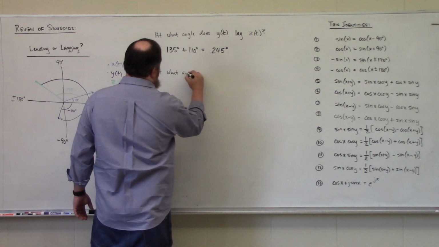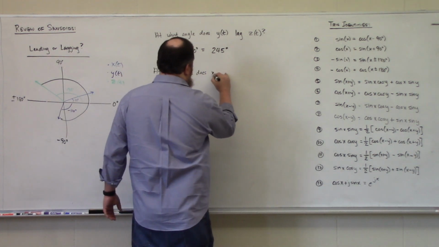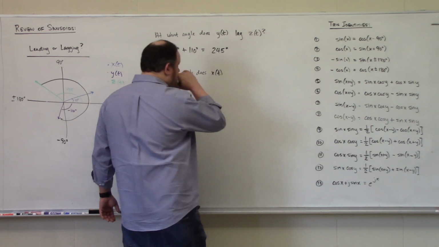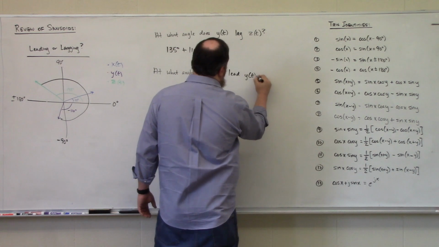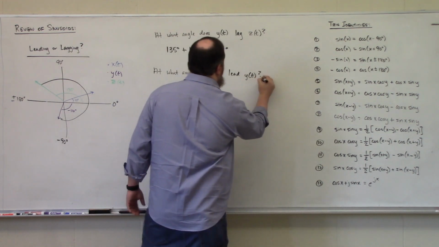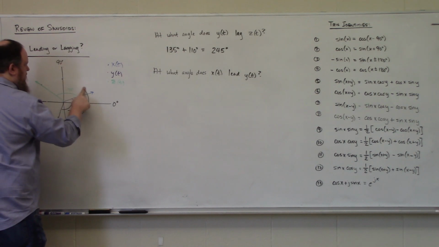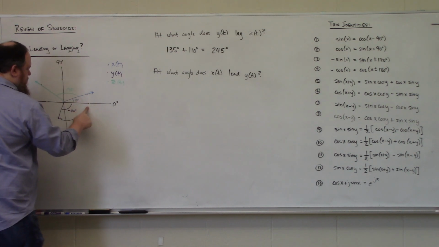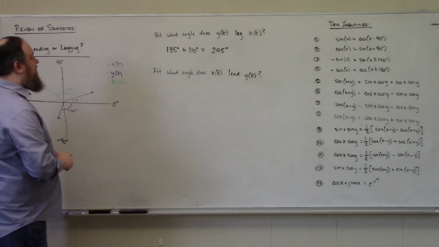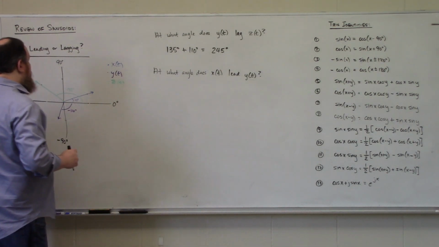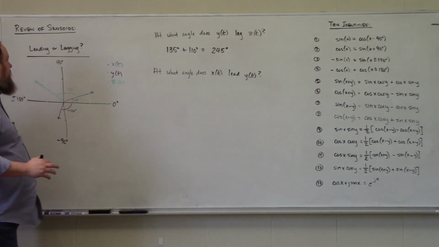If we want to know at what angle does x of t lead y of t, get rid of this guy because we're doing another measurement. So y of t is our reference, and because we are measuring leading, we need to be measuring counterclockwise.